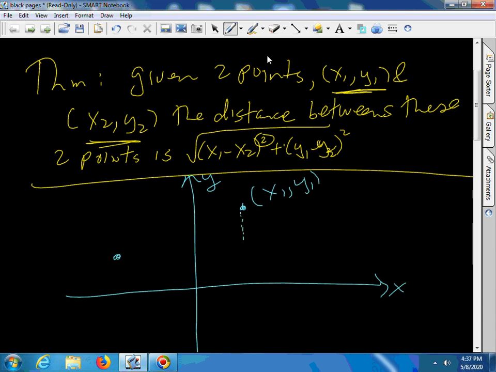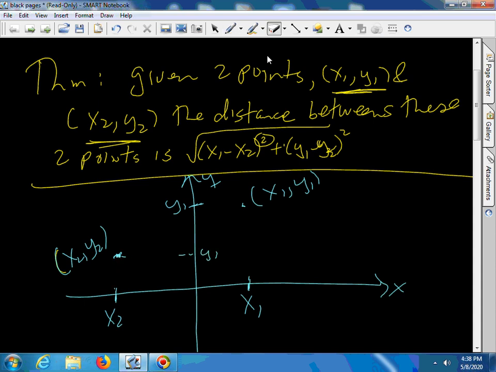When you look down to the x-axis, you're going to see x1. And when you look to the y-axis, you will see y1. And there's only one reason why this point here is x2, y2. It's because when you look down, you see x2, and when you look across, you see y2.